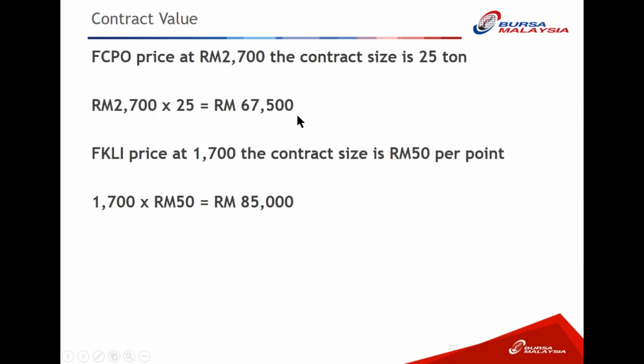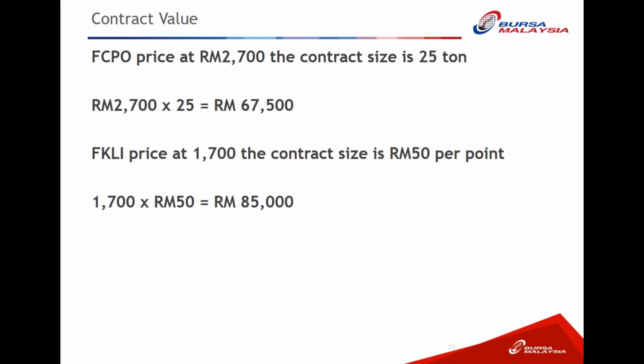Contract value is the total equivalent in terms of ringgit, how much a contract is worth, for example for BMD products. So for CPO or FCPO, let's say 2,700 is the contract value, and the contract size is 25 tons per contract.